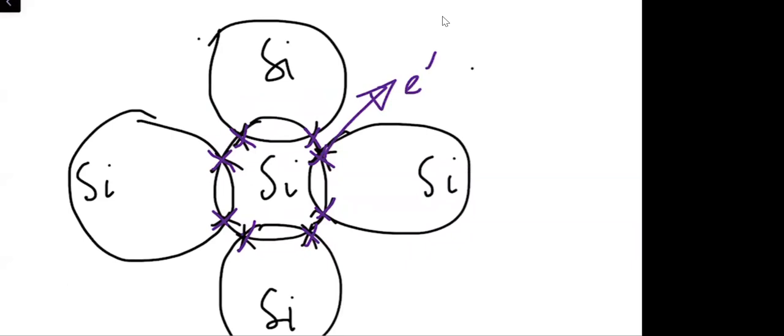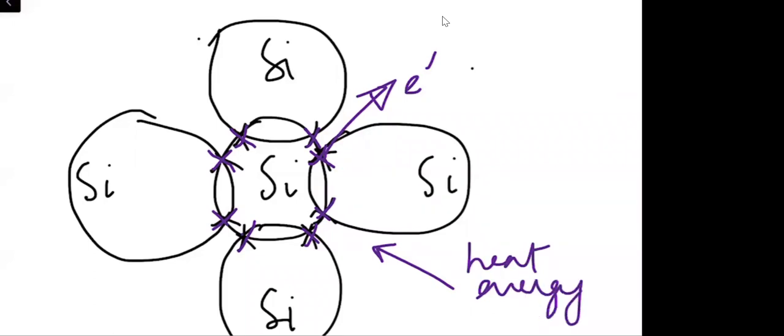So whenever some external energy, or we can say some heat energy, is applied, the electrons which are available in the valence band break the covalent bond, and the electron goes from the valence band into the conduction band, right?